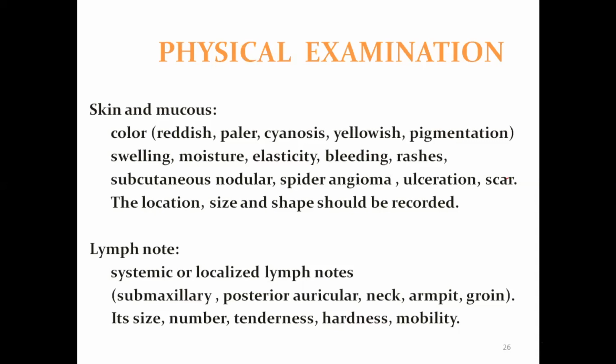The third thing you will do is check the superficial skin and mucosa. If it's a baby, for example, you check the skin moisture, elasticity of the skin, bleeding from the skin, any rashes on the skin, or any subcutaneous nodules. And then spider angiomas: these are bluish, raised capillaries on the skin. Sometime I will show you.